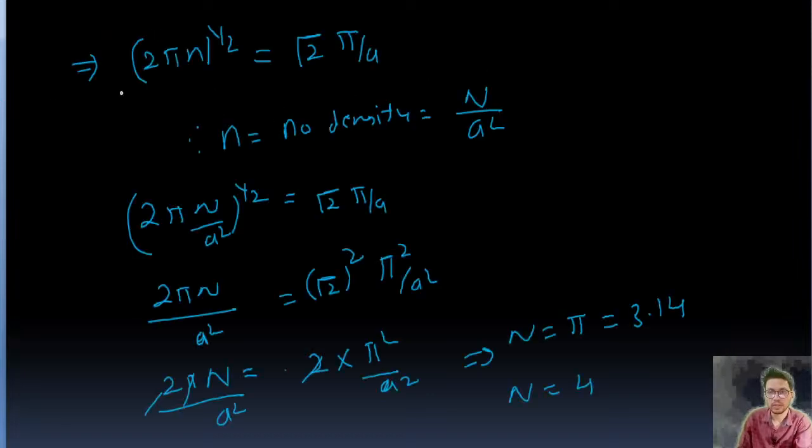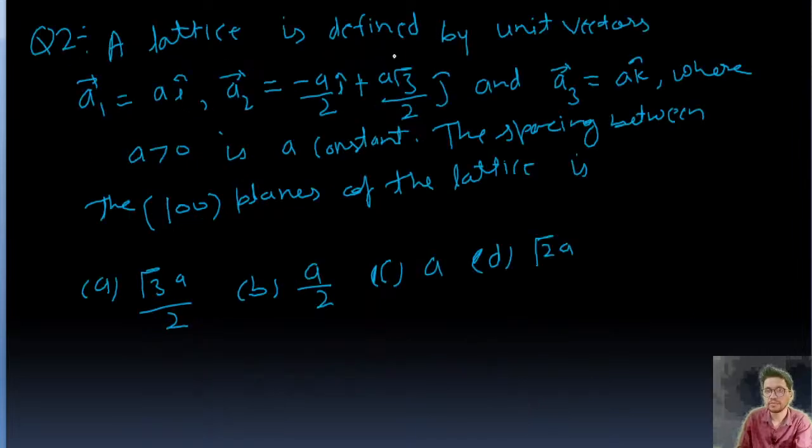So first we know we have to find the interplanar spacing, right? d_hkl, we need to find now. First we need to get to know which lattice it is. We have been given that the lattice is defined by these unit vectors. So a1 is given, a2 is given, a3 is given, right?